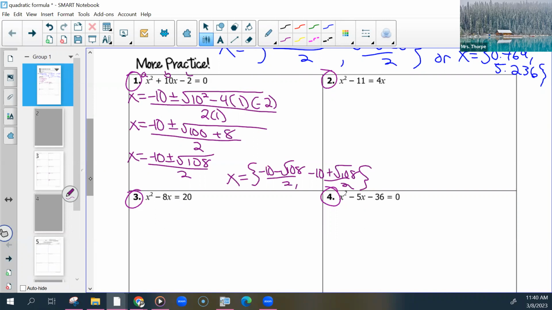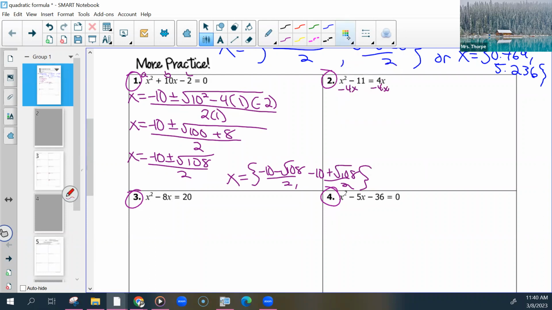For number 2, what do we notice that's different than the other two we did? Right, it's not equal to 0, so we need it to be equal to 0, so we gotta get rid of this by moving it back to the other side. So we'll have to subtract that over first before we do anything else. And it still has to be in this format.